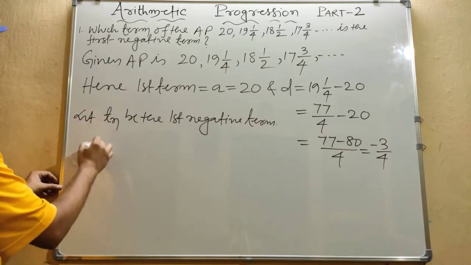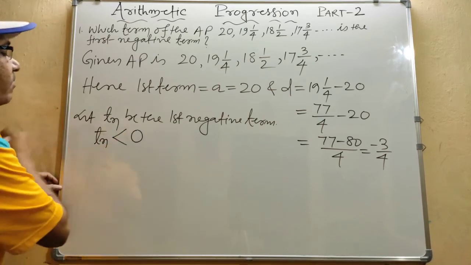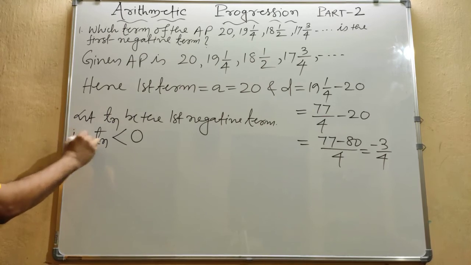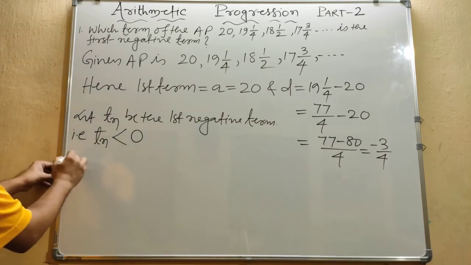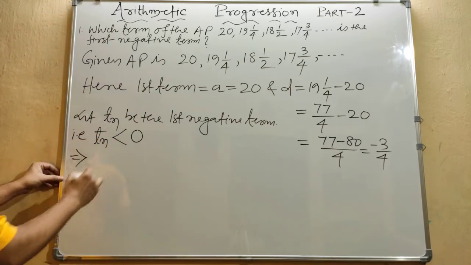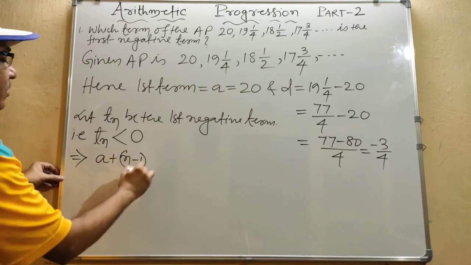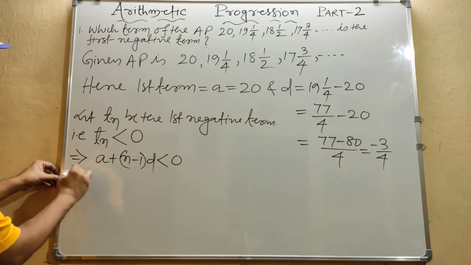So if Tn is the first negative term, that is, you can say Tn is less than 0 because Tn will be negative. Okay, and what is Tn? Tn क्या होता है? a plus n minus 1 into d, ये होता है. Tn is less than 0. This implies a.